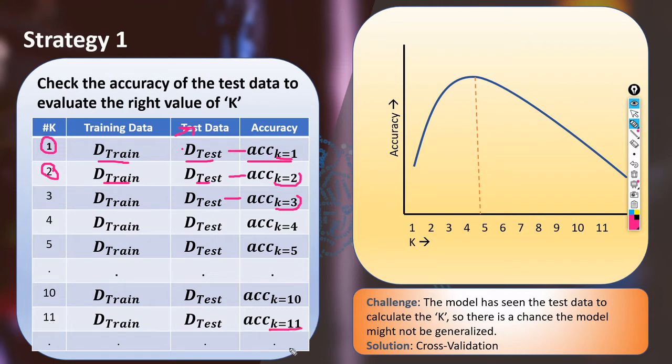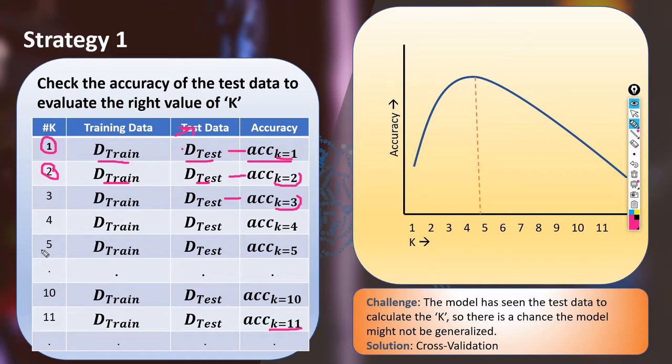One thing to tell you here: just for simplicity I have taken k as 1, 2, 3, 4, 5, but I have mentioned in one of my last videos that it's good practice to keep the value of k as an odd number. Because if there is a tie and you have chosen an even k, the model will randomly give you the output or prediction.